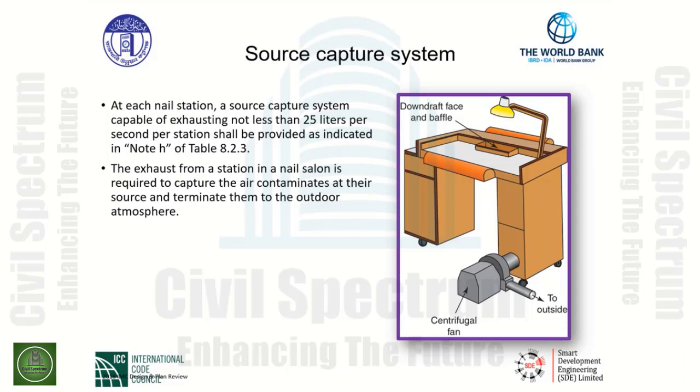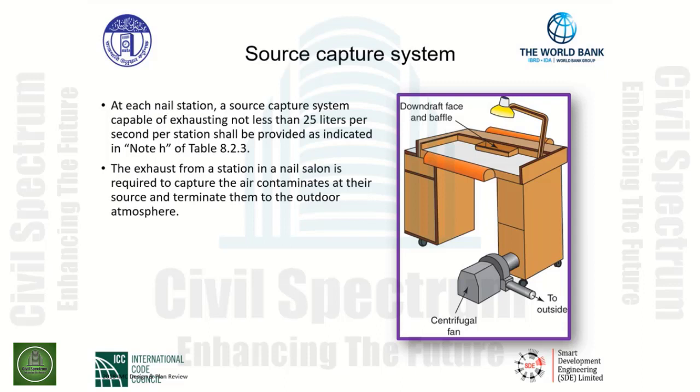The air is flowing downward into the blower, as can be seen in the lower right-hand side of the slide. The contaminants enter the centrifugal fan and are discharged to the outside effectively. This is a nice source capture system that fits the application.